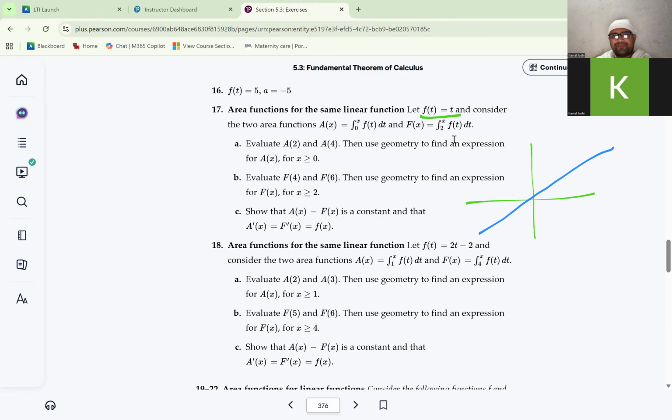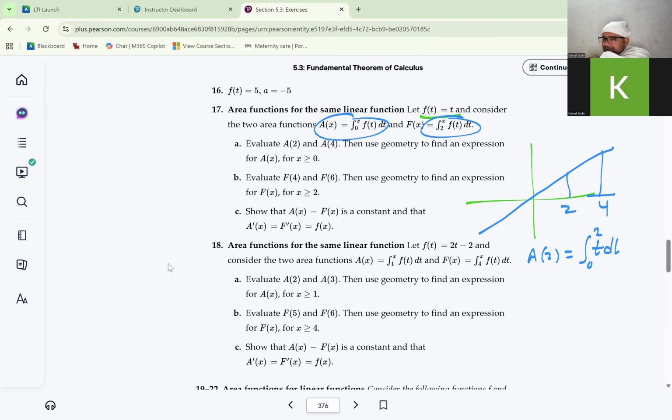What does it say? Evaluate A of 2 and A of 4. 2 is here. 4 is here. A of x is from 0 to x and F of x is from 2 to x. So A of 2 will be the area from 0 to 2 of that function t dt, right?